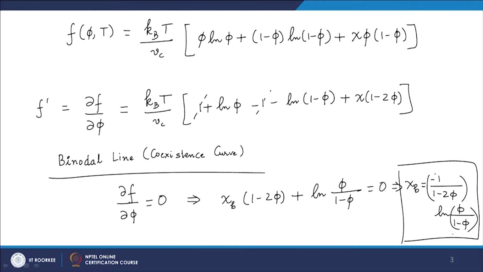Okay. Now, we can go ahead and find the spinodal by simply looking at the second derivative of f. We already have found the first derivative.